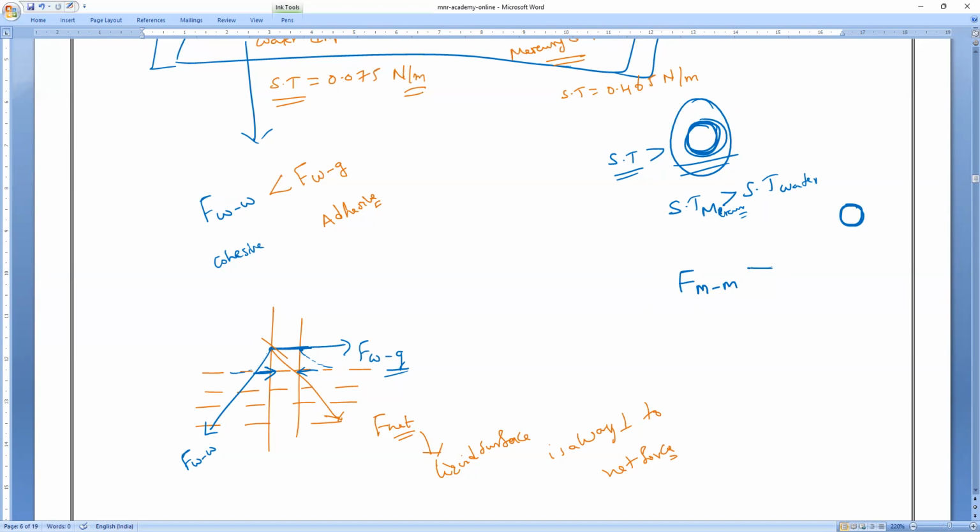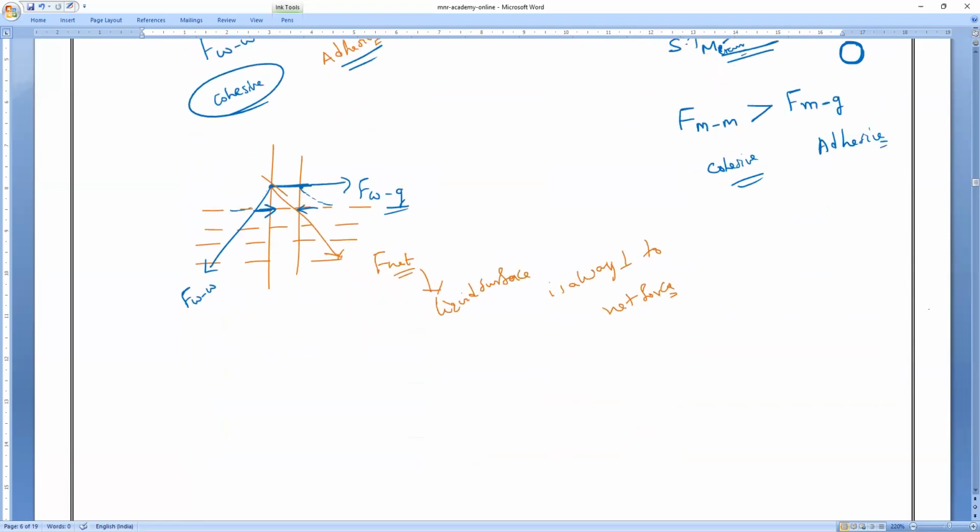It is more than the force between mercury and glass. So here cohesive force is more, because surface tension is greater. Here cohesive forces are less than the adhesive forces. Here cohesive forces are greater than the adhesive forces.